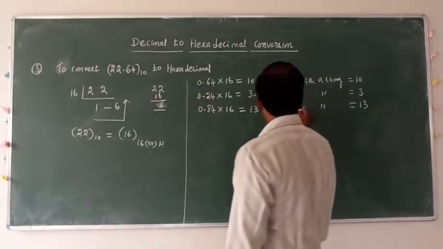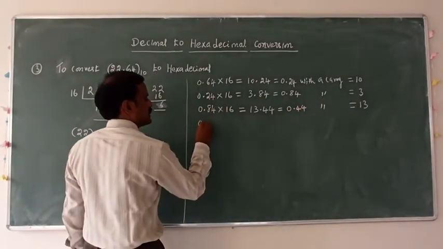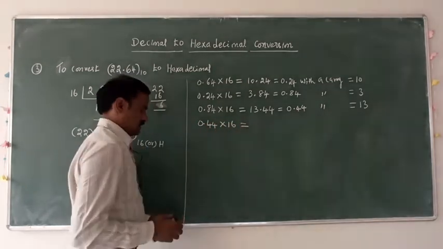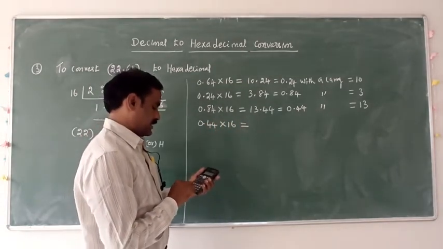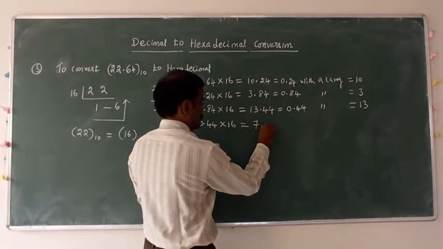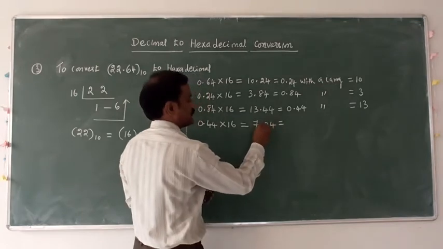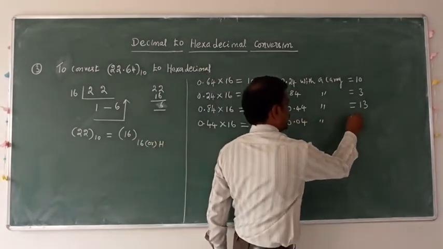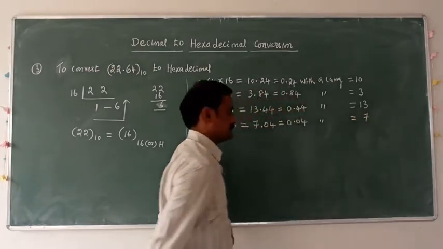Next, 0.44 into 16 is 7.04. Without the carry it is 0.04, and the carry is 7.